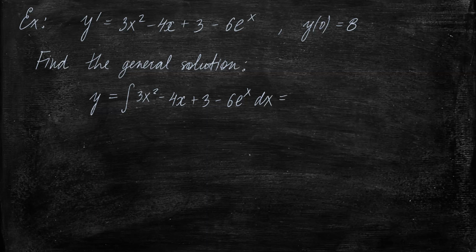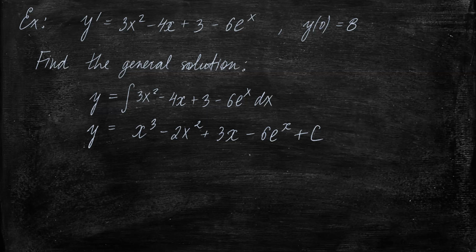And we just integrate this, so x cubed minus 2x squared plus 3x minus 6 e to the x plus c. So this is our general solution.